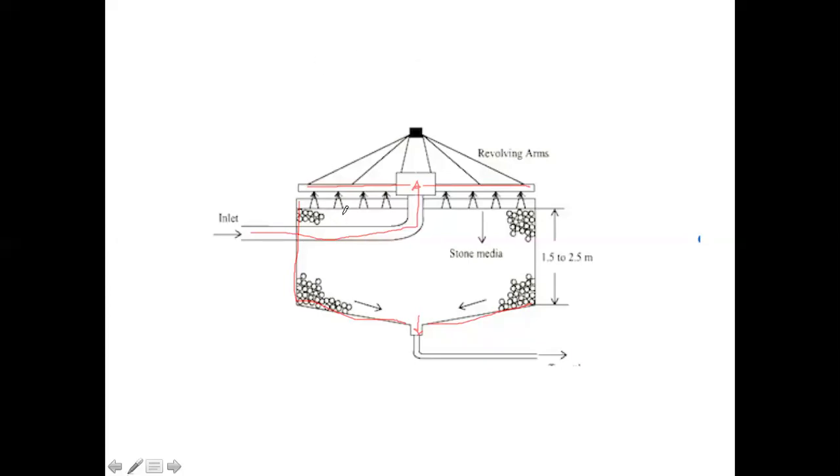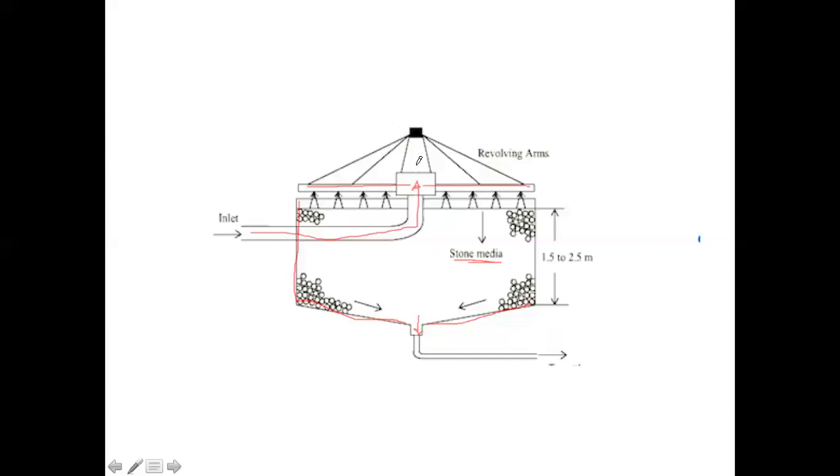This media, as I told you, may be either blast furnace slag, or rock, or gravel packing, therefore it is written here as stone media. This is a schematic diagram of the trickling filter.